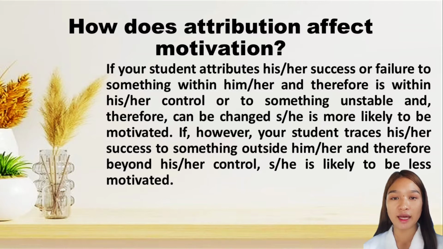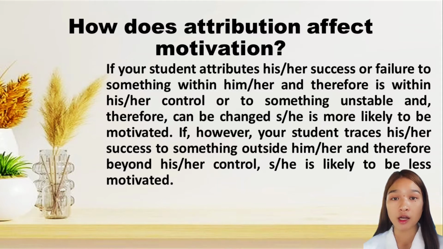If your student attributes his or her success or failure to something within him or her and therefore within his or her control, or to something unstable and therefore can be changed, he or she is more likely to be motivated.